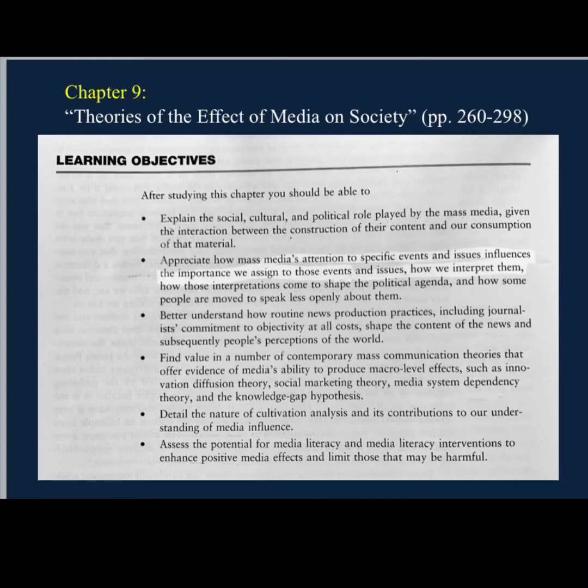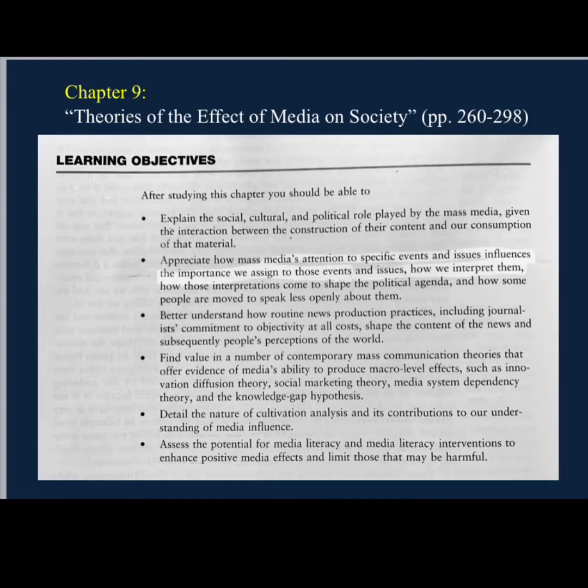Third, to better understand how routine news production practices, including journalists' commitment to objectivity at all costs, shape the content of the news and subsequently people's perception of the world. Next, to find value in a number of contemporary mass communication theories that offer evidence of media's ability to produce macro-level effects, such as innovation diffusion theory, social marketing theory, media system dependency theory, and the knowledge gap hypothesis.